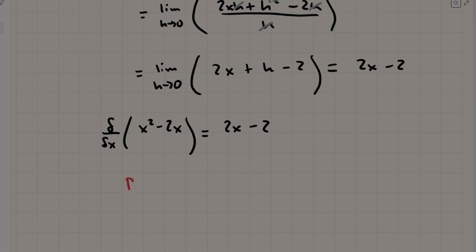And so we notice that the power rule is valid for all polynomials, right? Like if it's separated by a plus or a minus. You just do the power rule on it one term at a time.